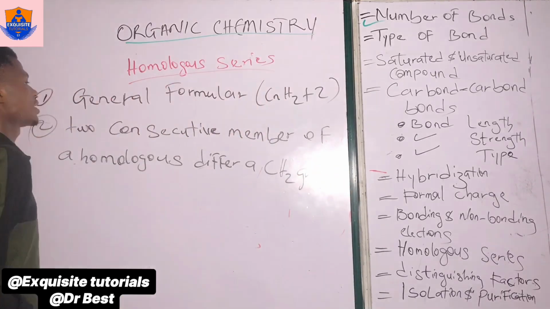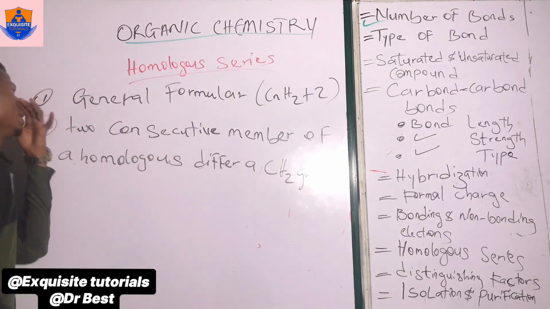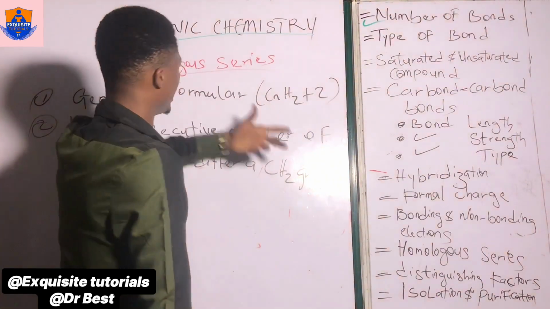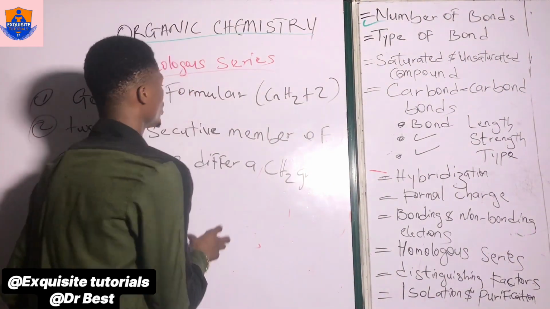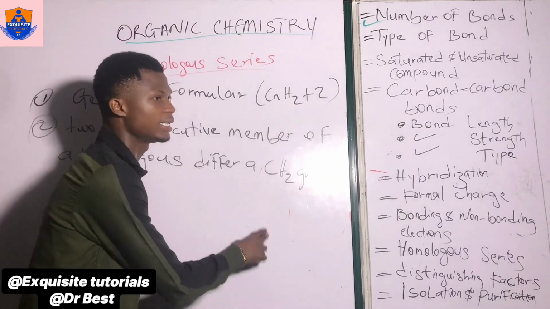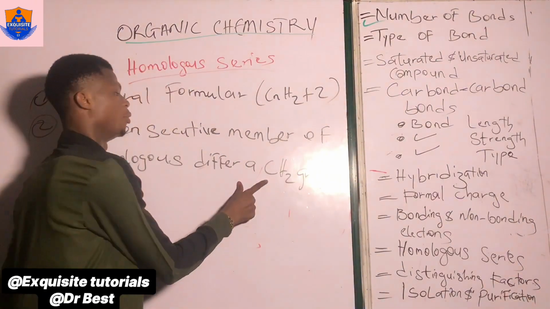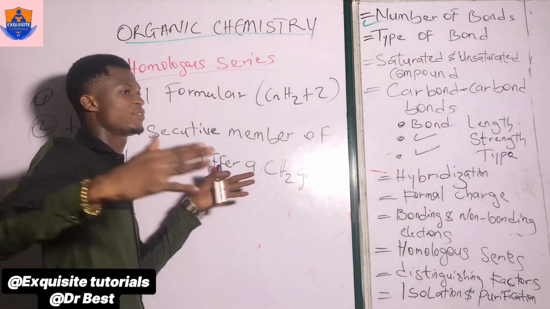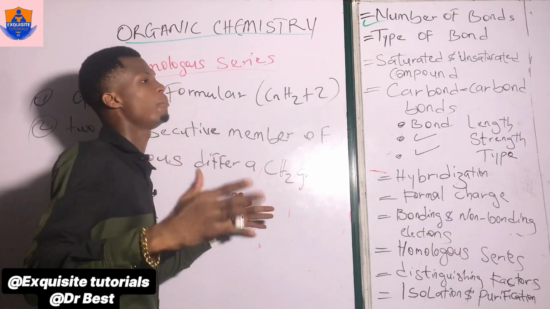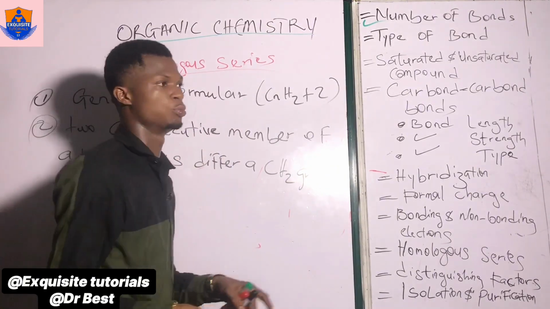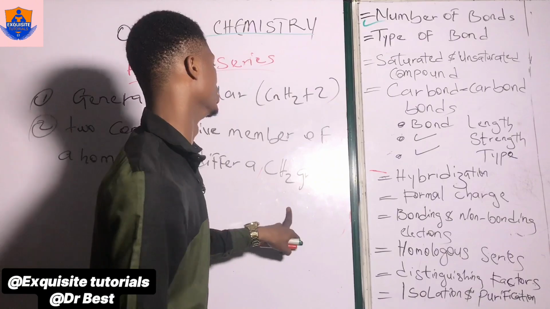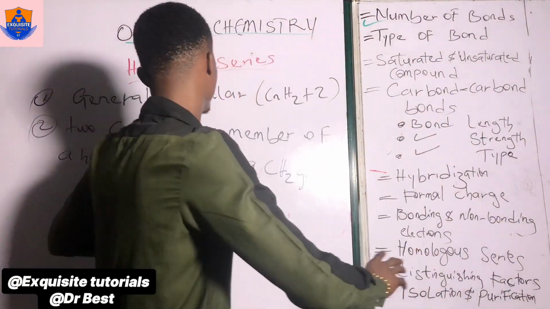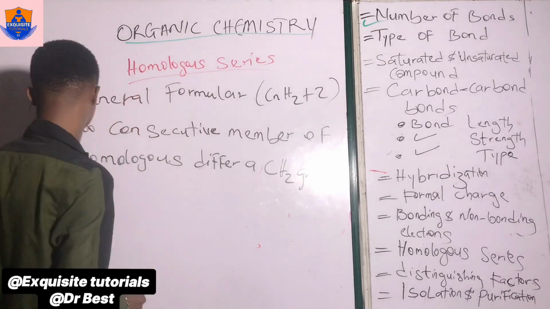Now, what does this mean? Let's say, for example, we have methane and ethane, or alkane groups. The difference between methane and ethane is 1 carbon and 2 hydrogen. Same thing for alcohols. The difference between 2 consecutive members of the series is a CH2 group, which is 1 carbon and 2 hydrogen. This is for all homologous series, your alkynes, your alkenes, and all of them. So this is something you should take note of.